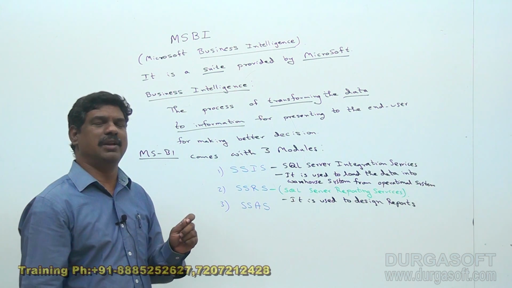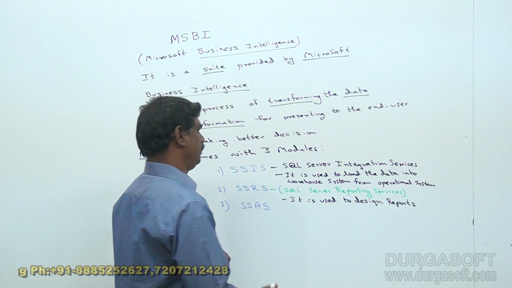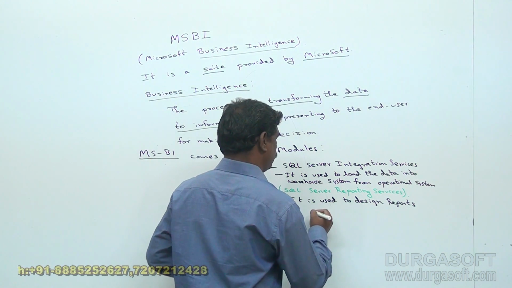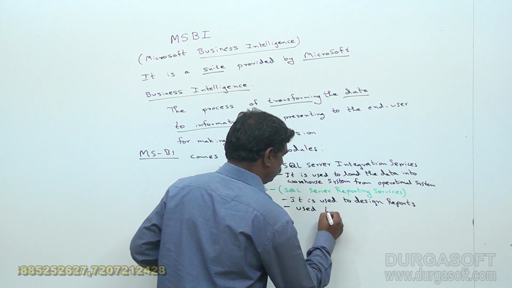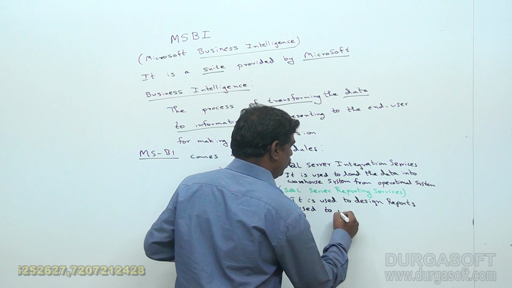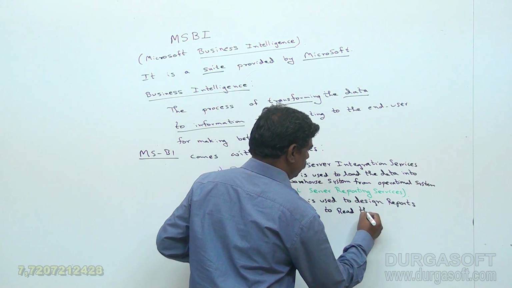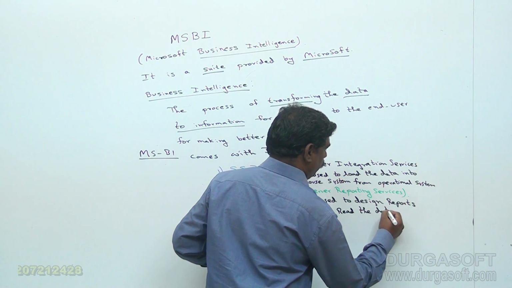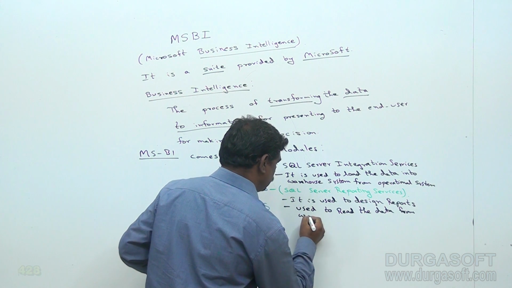But we design a report and you execute a report. From where will it pick up the data, from where will it read? It is used to read the data from the warehouse system.